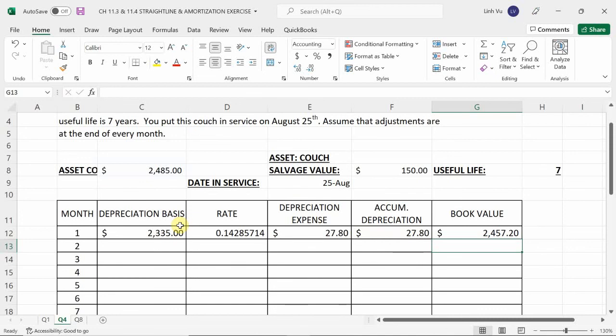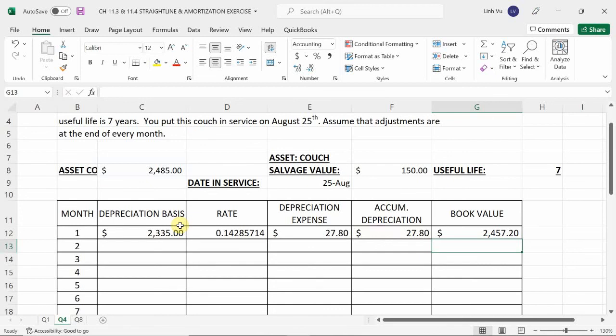Look at how much money you have. If you have $2,485 and you subtract $27, how in the world do you only get $2 off?